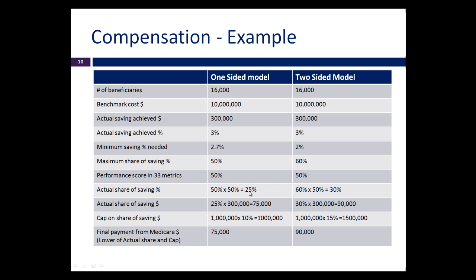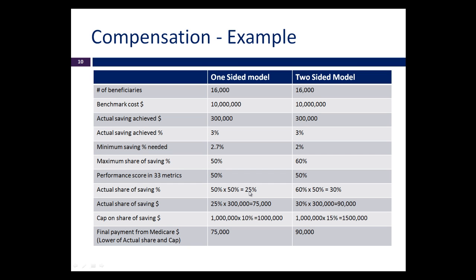The first track, called the one-sided model, entitles an ACO to take part in any savings that it has realized at the end of the reporting period. The two-sided model not only allows an ACO to take part in any savings that have been realized at the end of the reporting period, but also requires it to bear the burden of any losses that it may have incurred. In other words, the one-sided model is a profit-only model, whereas the two-sided model is a profit and loss sharing model. Now, there are a number of differences between these two models, and I'll highlight those as we run through the example.